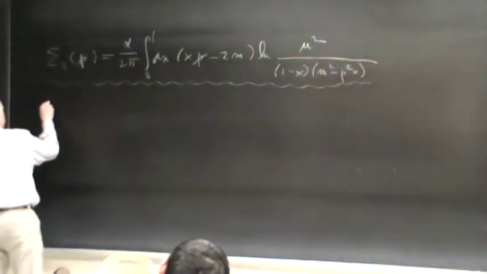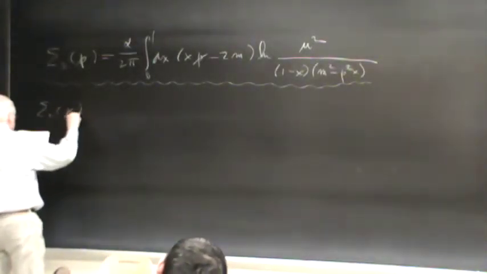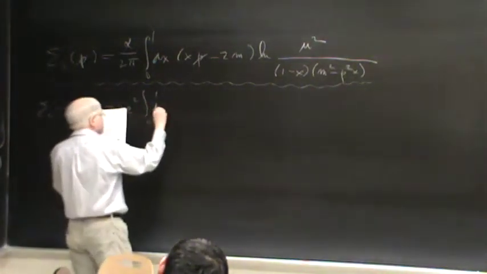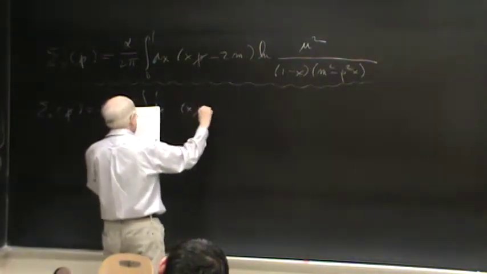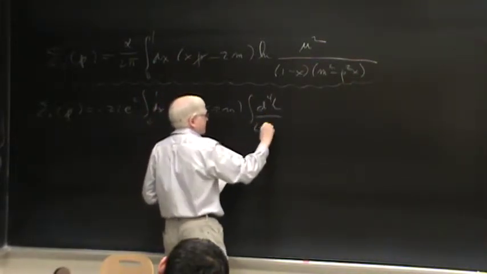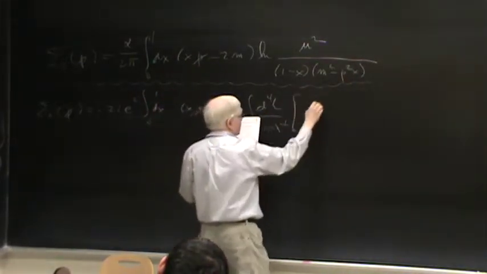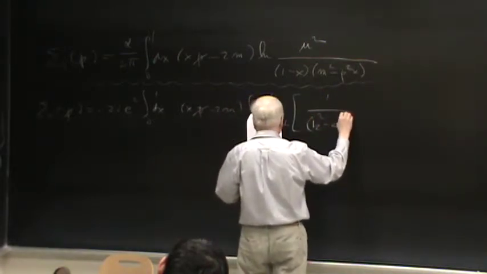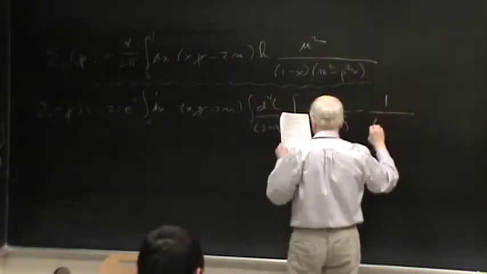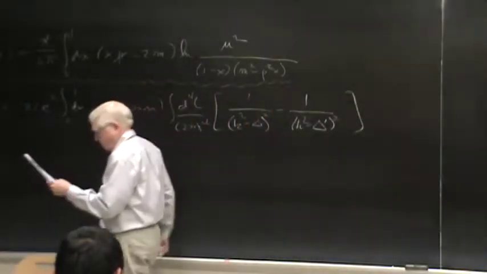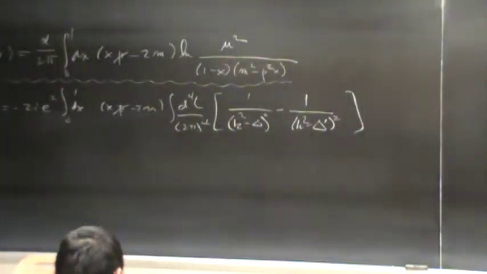So he says, well, sigma 2 of p-slash is minus 2i e squared, 0 to 1 dx x p-slash minus 2m, d4 k over 2 pi to the 4th, is 1 over k squared minus delta squared minus 1 over k squared minus delta prime squared, where delta prime is some, all right, let me say what delta prime is.